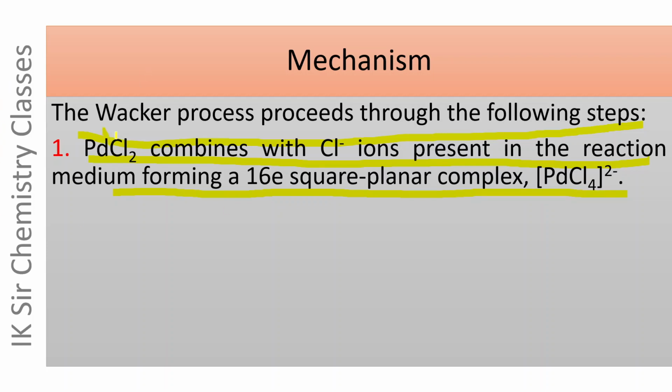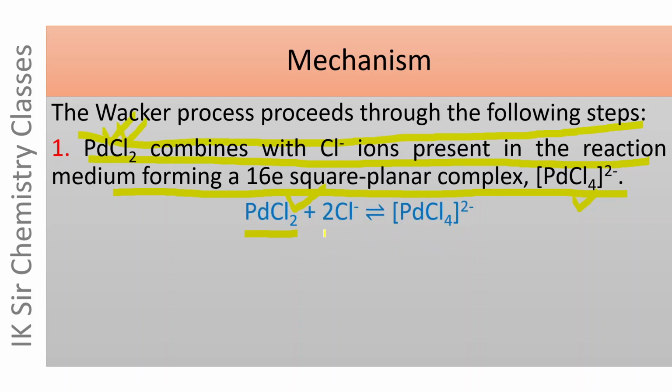PdCl2 is used as catalyst in the Wacker process. It combines with Cl- ions of PdCl2, CuCl2 and HCl, which are present in the reaction medium, and thus a 16 electron square planar complex is formed.